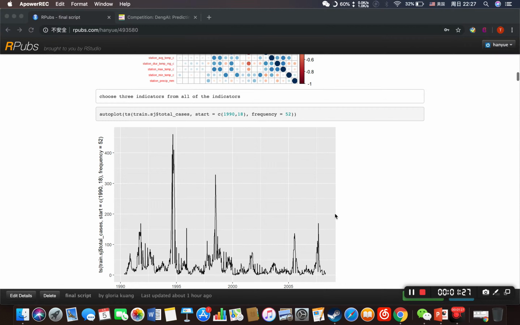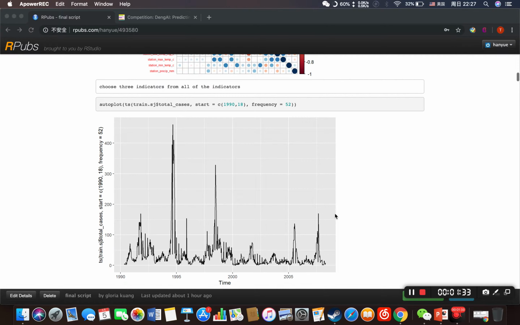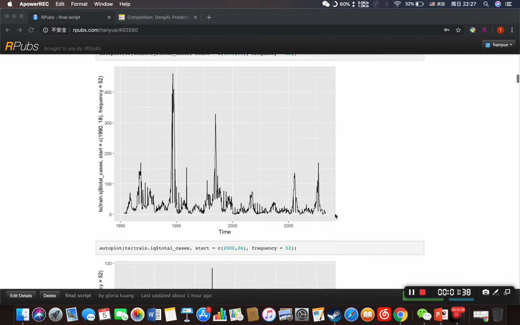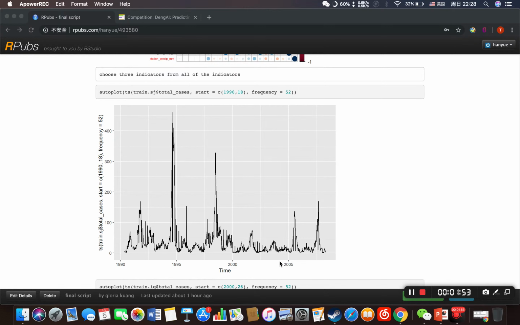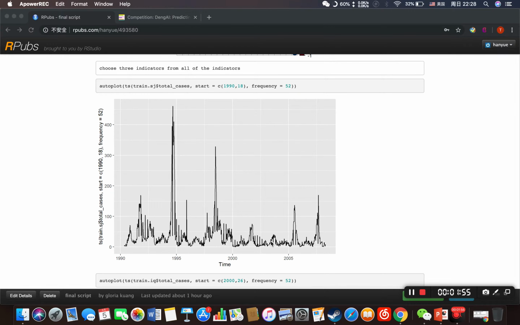And then let's look at the historical records of the total cases of San Juan and Iquitos. We can see two significant spikes in San Juan's historical record, in 1995 and 1998. There are several spikes after 2005, and it's increasing.